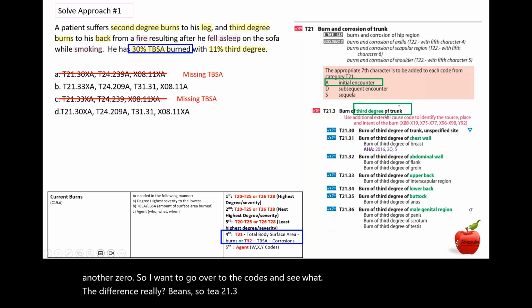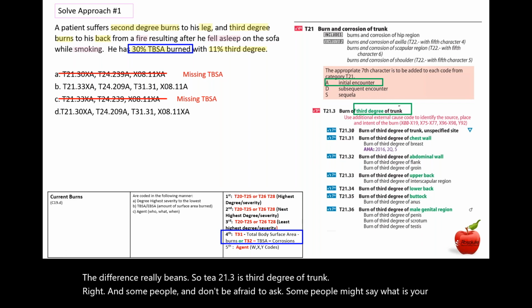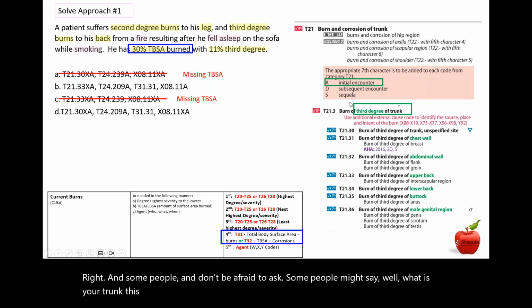T21.3 is 3rd degree of trunk, right? And some people, and don't be afraid to ask, might say, well, what is your trunk? Well, this whole subcategory is coding for the parts of the trunk that are codable.